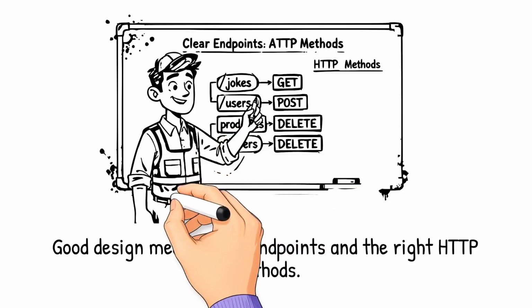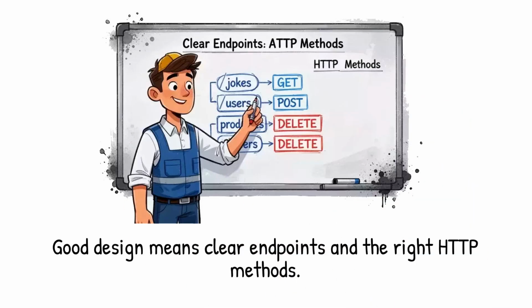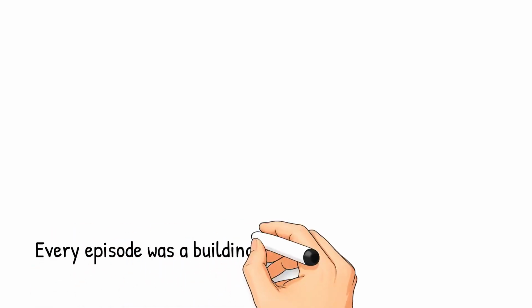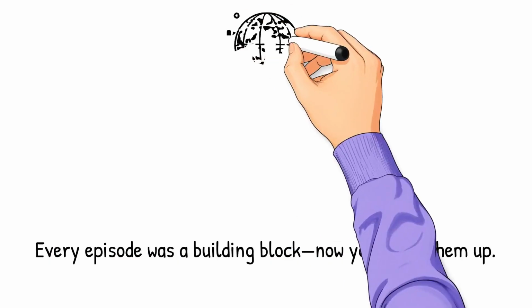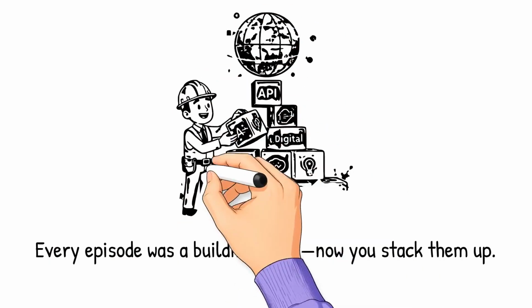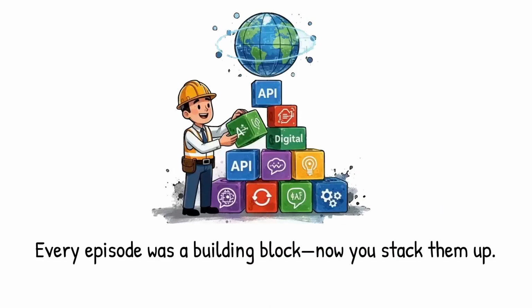And good design from episodes 3 and 4. Real developers name their endpoints clearly, /jokes, /users, /products, and use the right methods. Get to read, post to create, delete to remove. Clean, predictable, professional. The kind of API other developers actually enjoy using. Do you see what's happening here? Every single episode of this course wasn't a random fact. It was a building block.